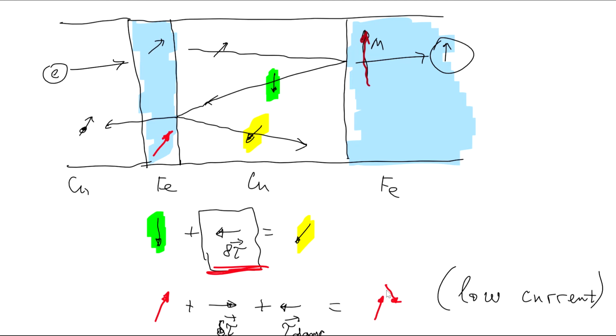In this case, for high current, let me erase this to be more clear. For high current, our magnetization will tilt. If you had magnetization M here, tilted at an angle, here we'll have M plus delta M. So it will tilt.